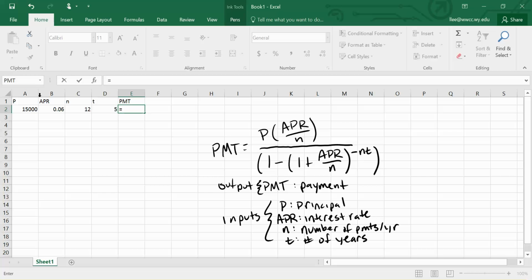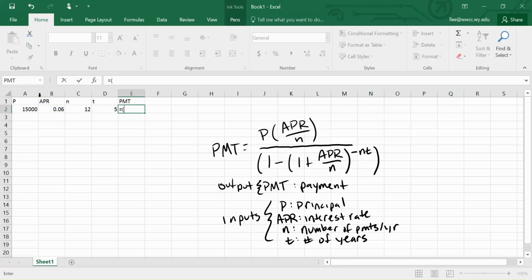So the principal multiplied by the interest rate divided by N. First off, we want a parenthesis to tell Excel all of this will be in the numerator.